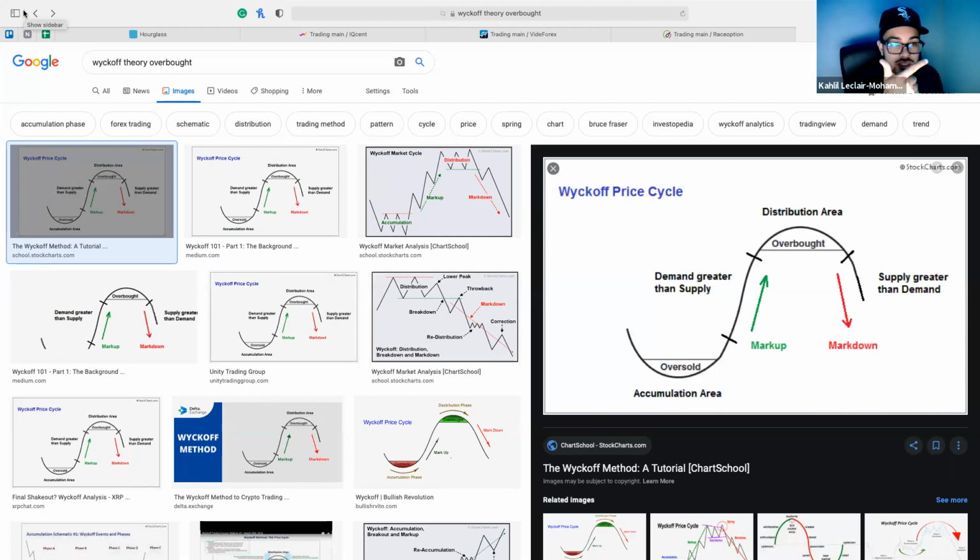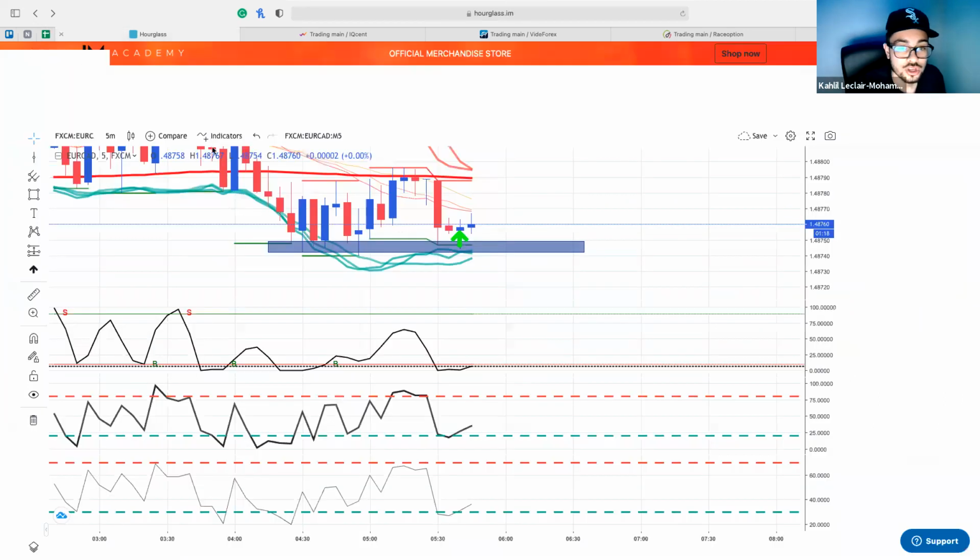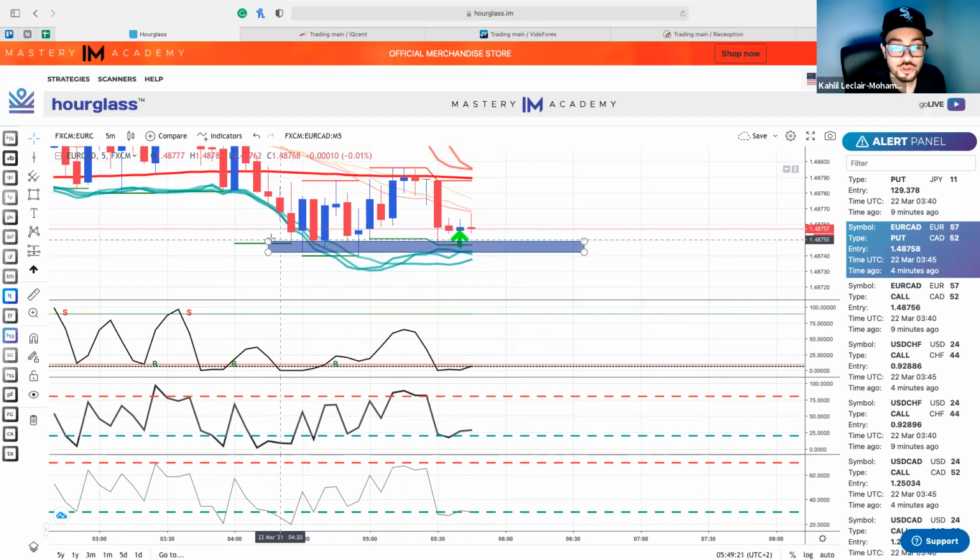Second confirmation, you want all indicators to be in an oversold or overbought area. Third confirmation, you want the candles to be touching or near a floor or a ceiling.